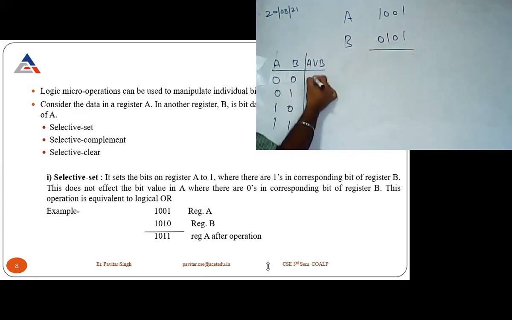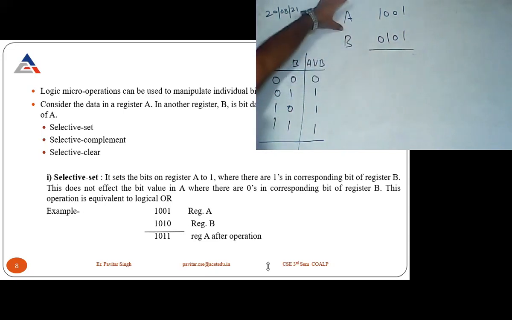For 0 0 you have 0. For 0 1 you have 1. For 1 0 again you have 1, and for 1 1 you have 1. So this will be the truth table for the OR logic micro operation.